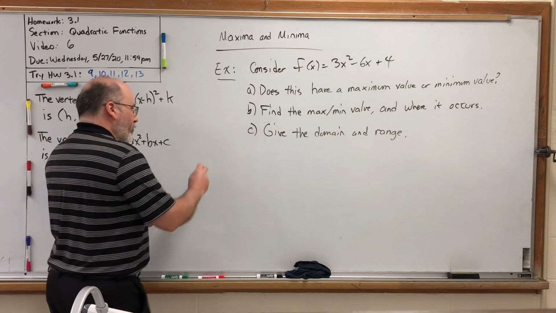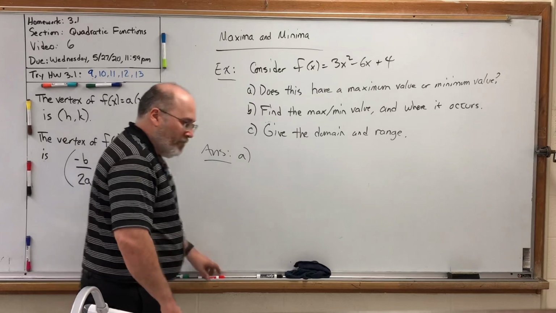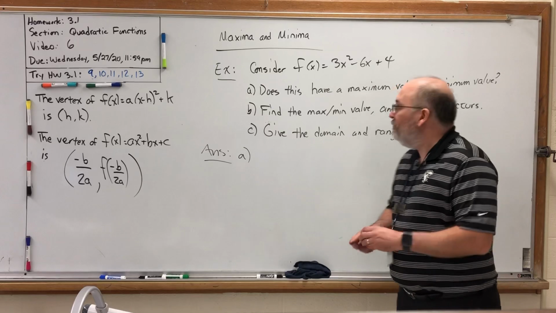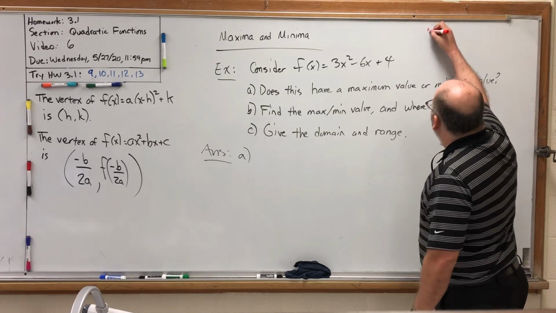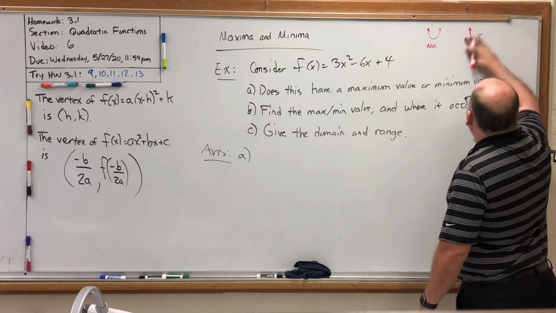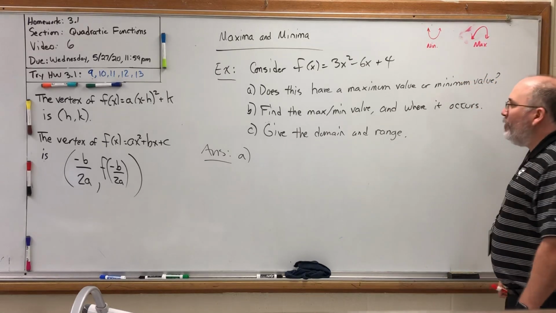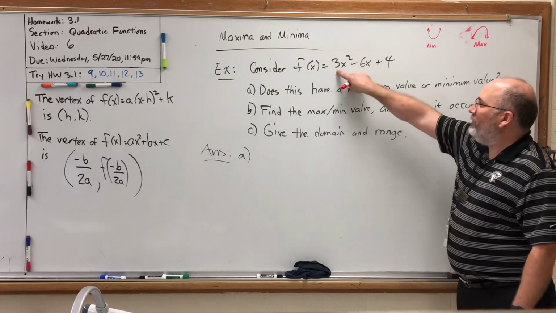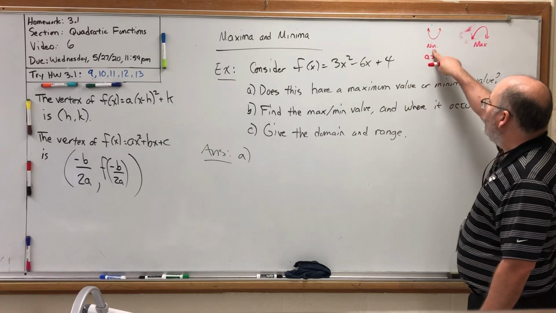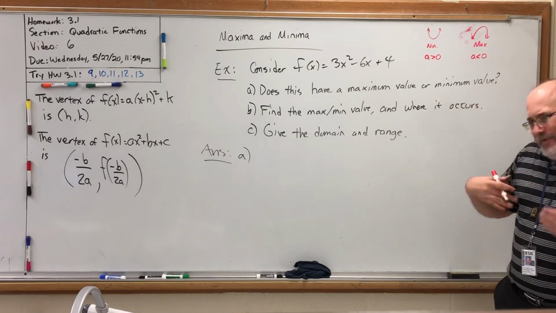Does it have a maximum or a minimum value? The answer is contingent on whether the parabola opens up or opens down. Specifically, if your parabola opens up, then it has a minimum value, and if your parabola opens down, then it has a maximum value. But how can we predict that? Based on whether the leading coefficient is positive or negative. A positive leading coefficient means there's a minimum, and a negative leading coefficient means there's a maximum. That sounds a little bit backwards.